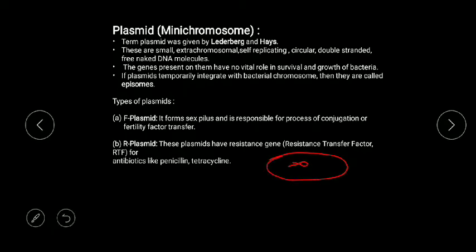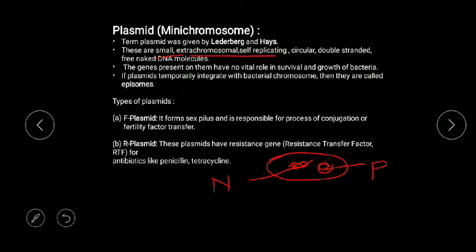Now when we move further, you will find some structures which are known as plasmids. What are plasmids? In bacteria you find a double-stranded circular DNA. In addition to that, you will find one double-stranded circular DNA which is separate from this, and these are known as plasmids. This is the nucleoid, but this is the plasmid.